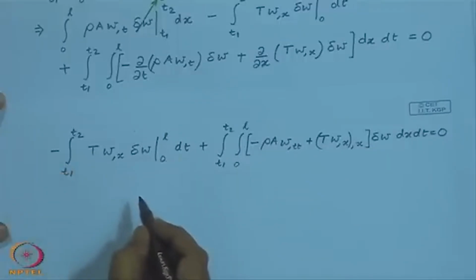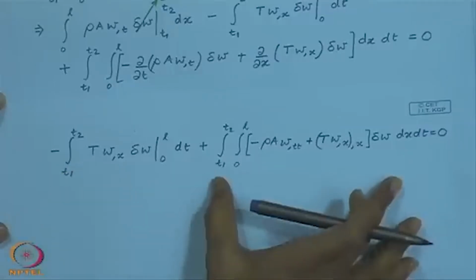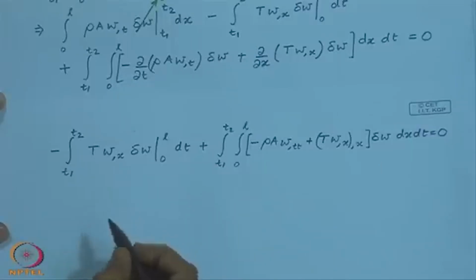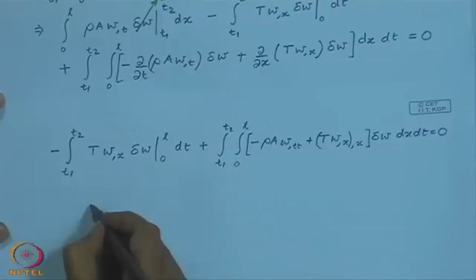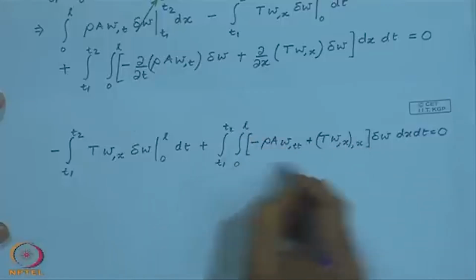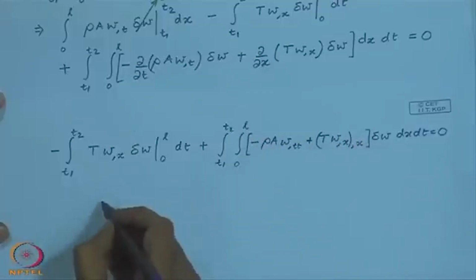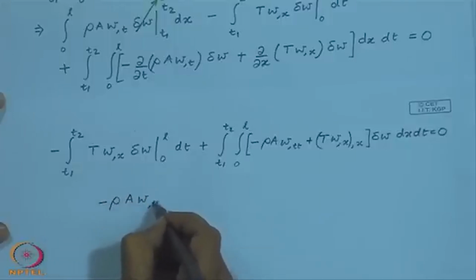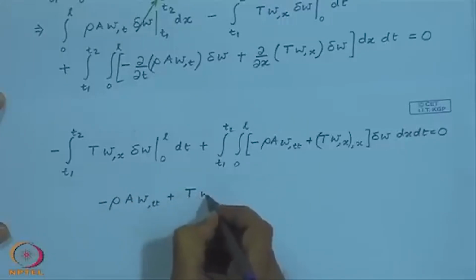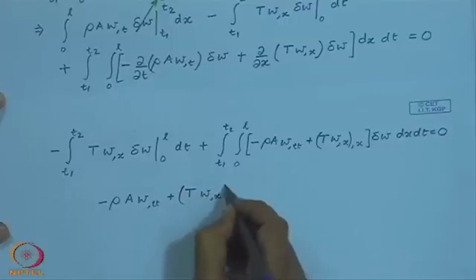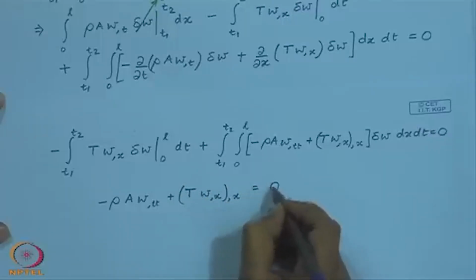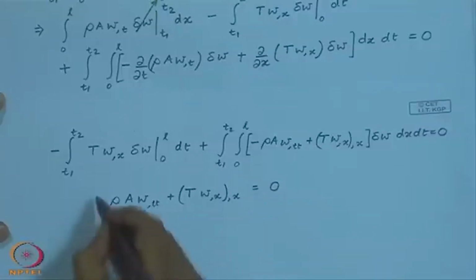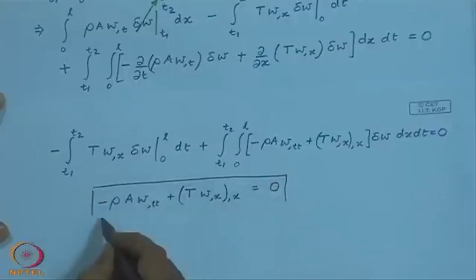So, if this total expression has to vanish for arbitrary variations delta w, then the integrand here in the square brackets must vanish, so this must be 0, which gives us the equation of motion, as we can easily recognize now.